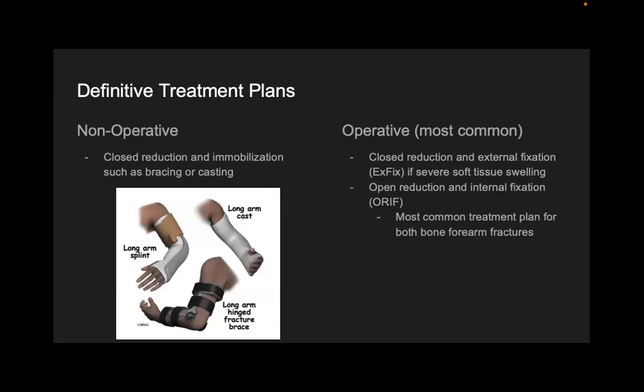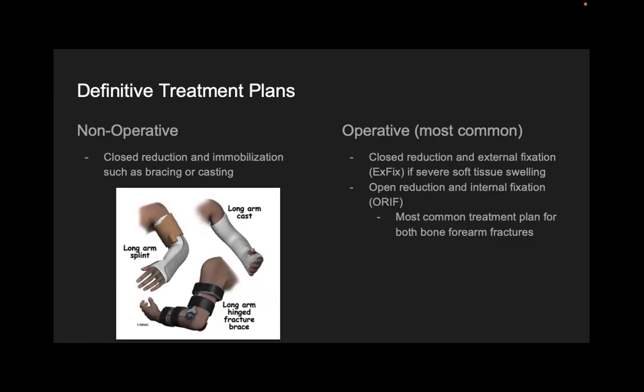There's closed reduction with X-fix, or if you guys have ever seen those circle structures, or pins sticking out of someone's arm with a rod stabilizing it, that's called external fixation, because you're applying it from the outside without opening them. And we usually do that if there's, let's say, an adult with a really bad injury who comes in with severe swelling in the forearm.